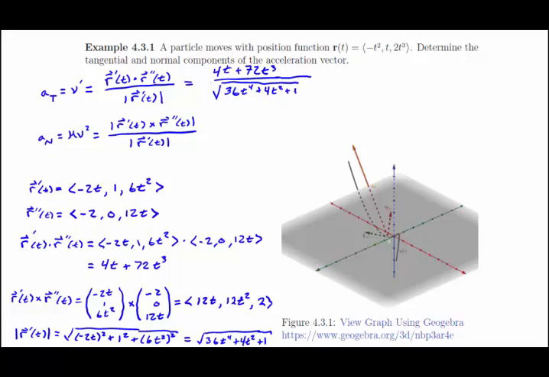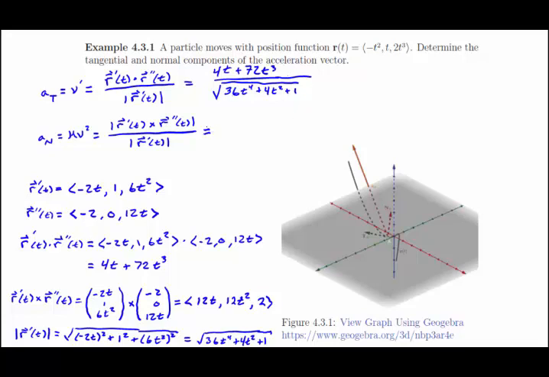And that's our tangential component. So this we can use for any t value. If we're looking at the position when t is 0, or t is 5, or t is 10, then we can plug in that t value here and know what the tangential component of the acceleration is.